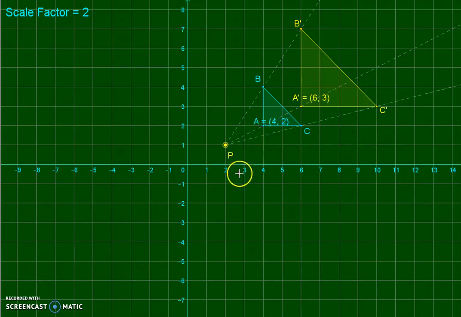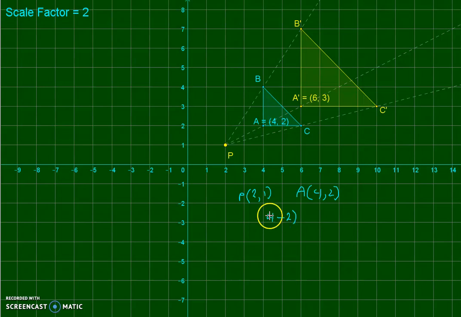So let's capsulize that. We have point P with the coordinates 2, 1. We take A, which is 4, 2. We take 4, the x coordinate, and subtract off the x coordinate of the center of dilation, which is 2.